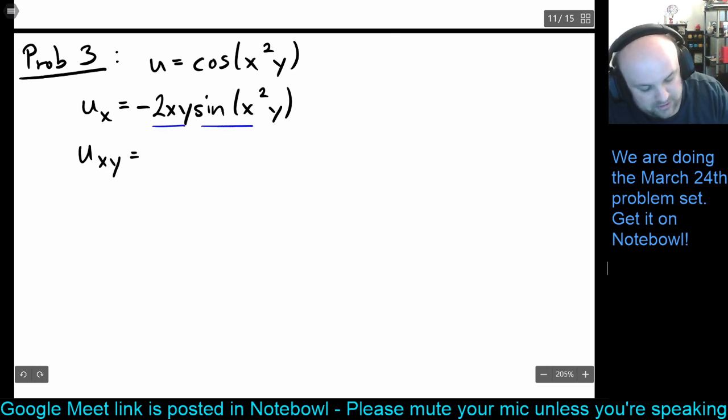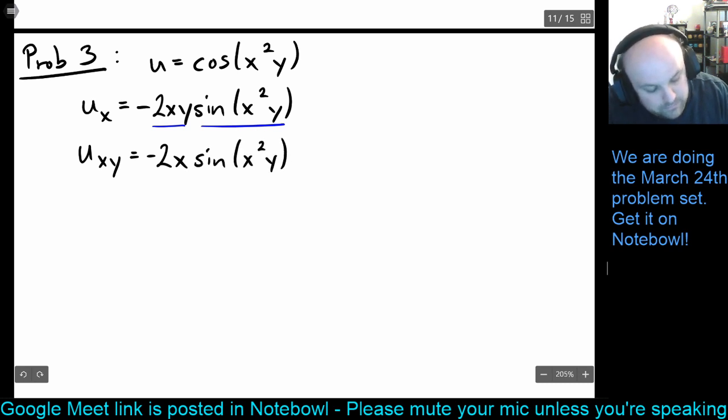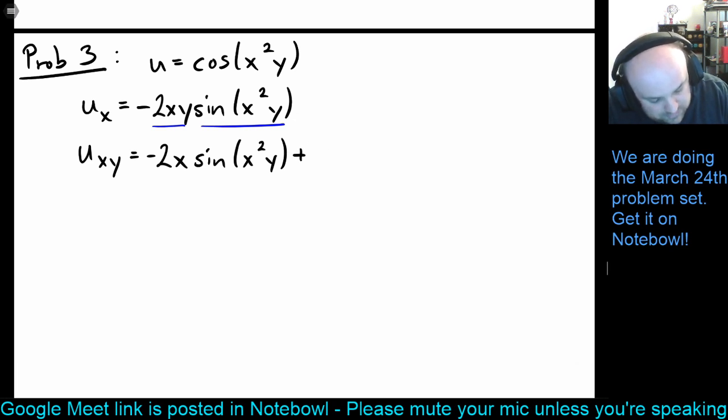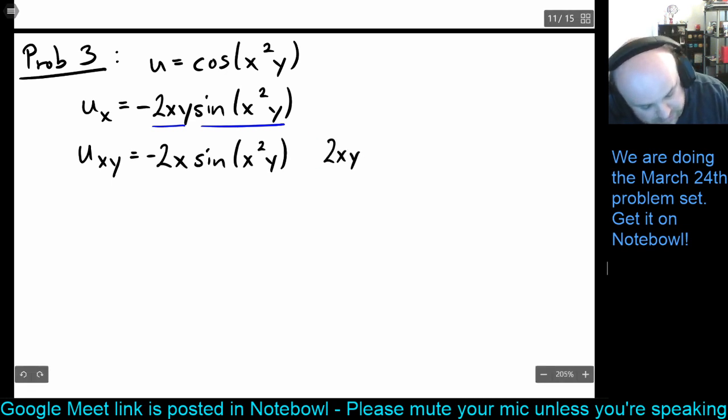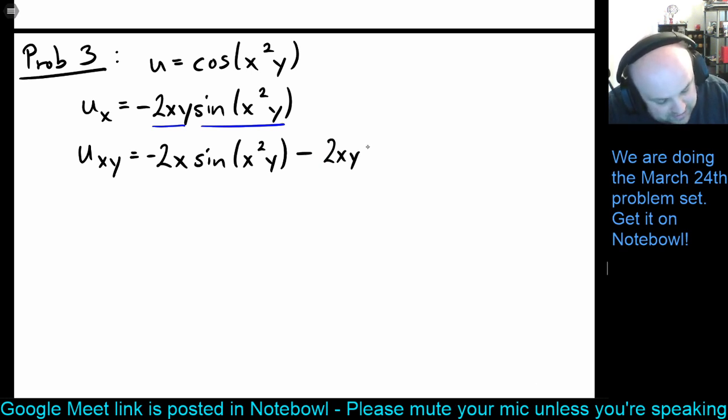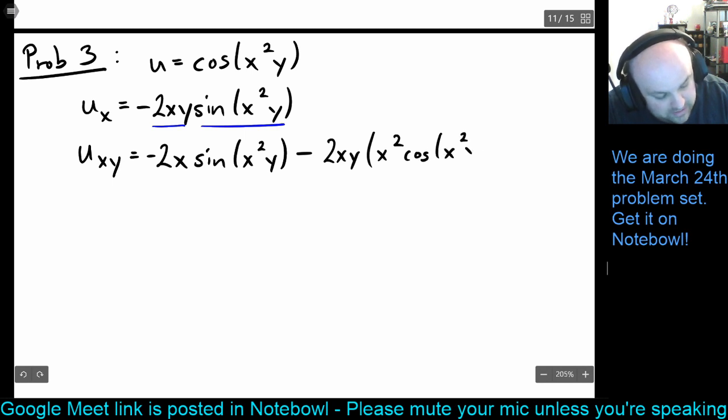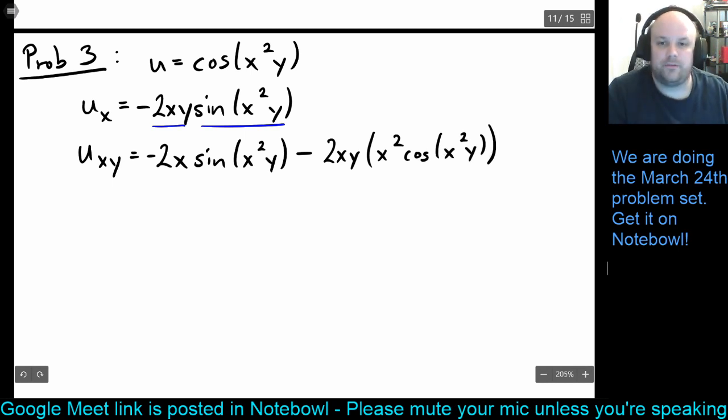This is a product rule between those two. We get minus 2x sine of x squared y, and then plus the first part, minus 2x, so the first one times the second. The derivative of the second with respect to y is x squared cosine(x squared y).